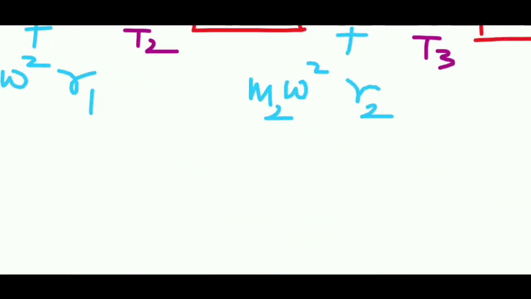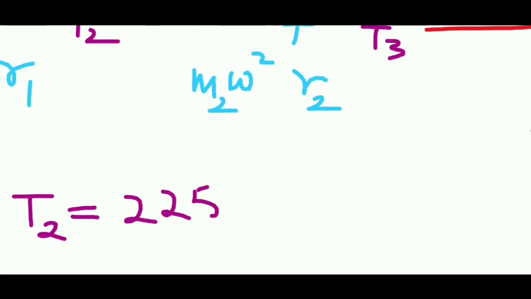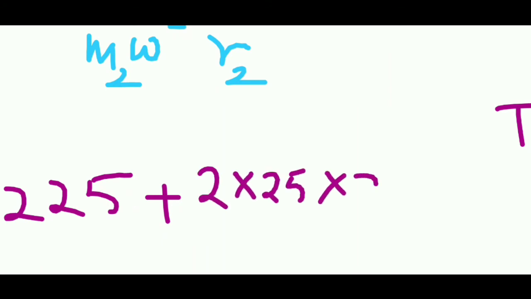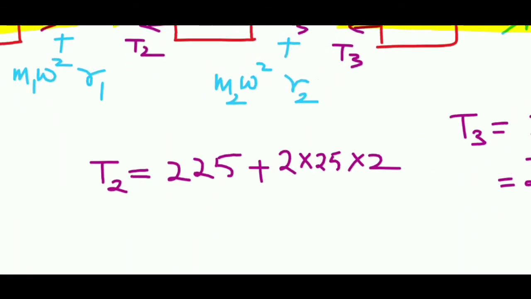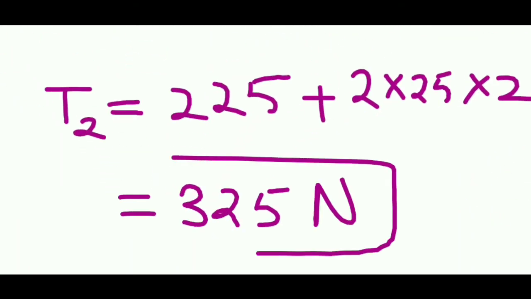Okay. So over here, T2 can be written as T3, which is 225 Newton, plus this is 2 multiplied by 25 multiplied by again 2. So this will become 100. So this will become total 325 Newton.